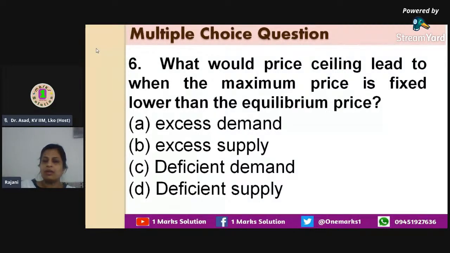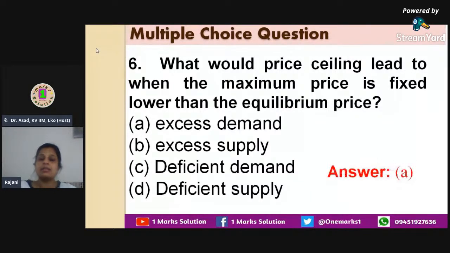But the question specifically mentions price ceiling, so it is related to the concept of demand. That's why the answer is excess demand.